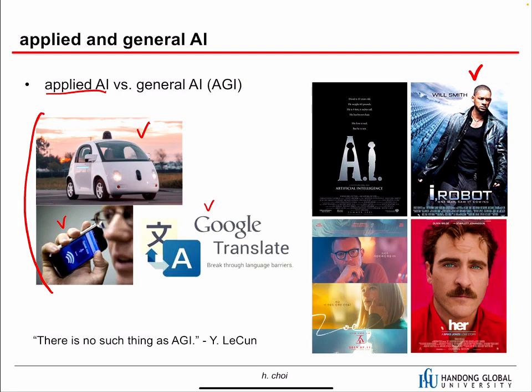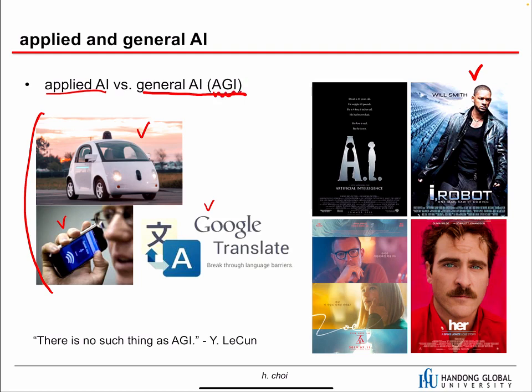This AI can do many things. They can read emails, they can understand the environment, they can understand people's emotions, and they can communicate. So they can do all kinds of things. It looks like they are really intelligent. Okay, so that is general AI, or artificial general intelligence.